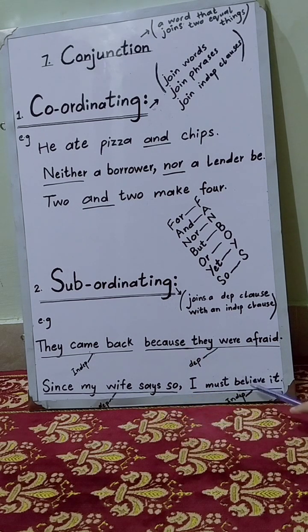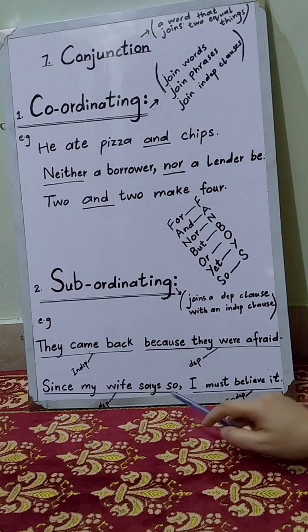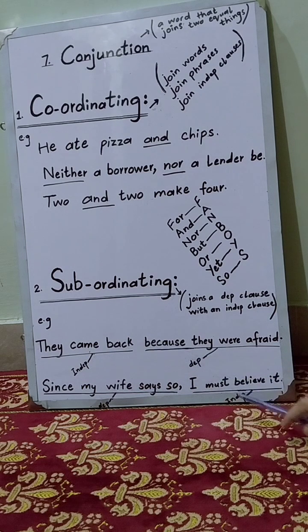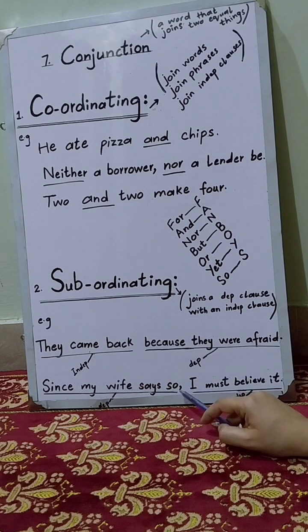I must believe it is an independent clause because this makes sense on its own. So it is an independent or principal clause. And I have already told you that if the sentence begins with a dependent clause followed by an independent clause, we need to put a comma in between.